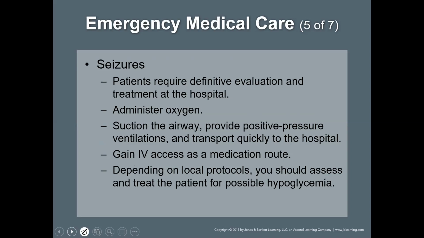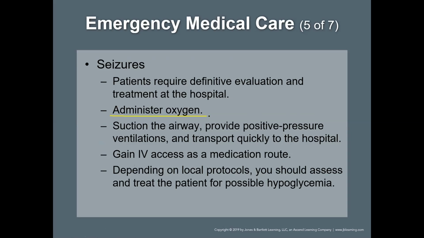Seizures, we've talked about, protect them. It seems to me anecdotally that when they're postictal and I administer oxygen, keep their airway clear, keep them on their side, suction if I need to, the oxygen helps them clear faster and get normal, but that's anecdotal. It has nothing to do with scientific data.